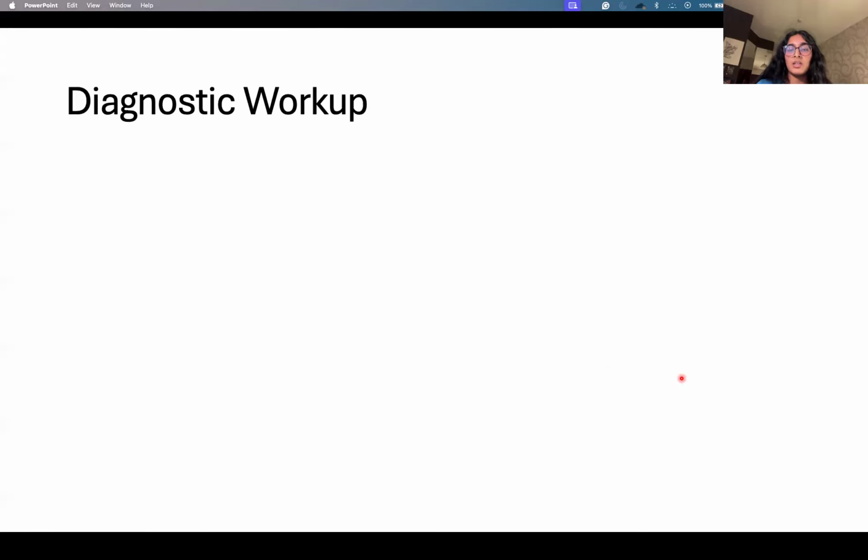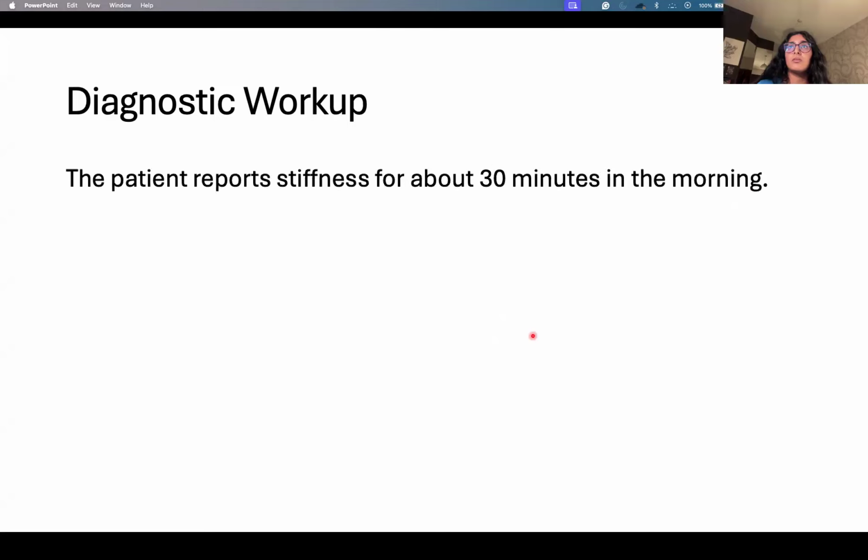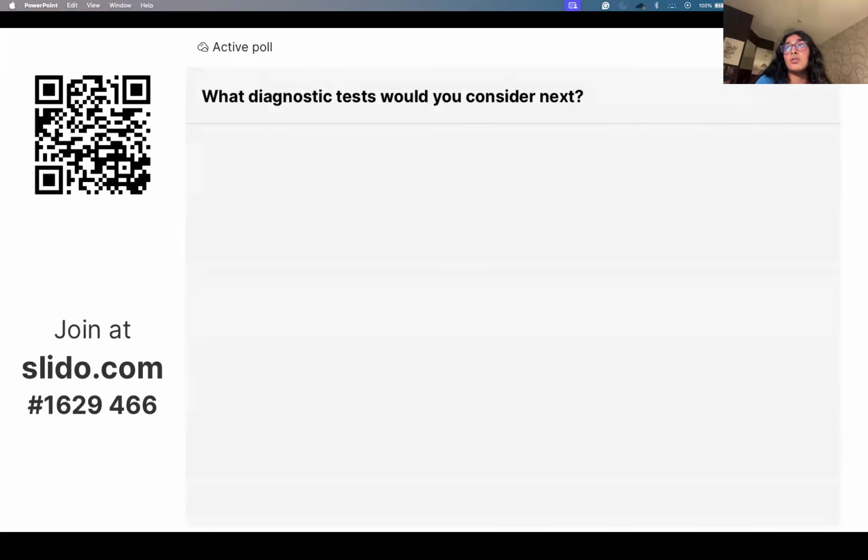So in terms of diagnostic workup, our patient is reporting stiffness that lasts about 30 minutes in the morning. So what diagnostic tests would you like to consider?